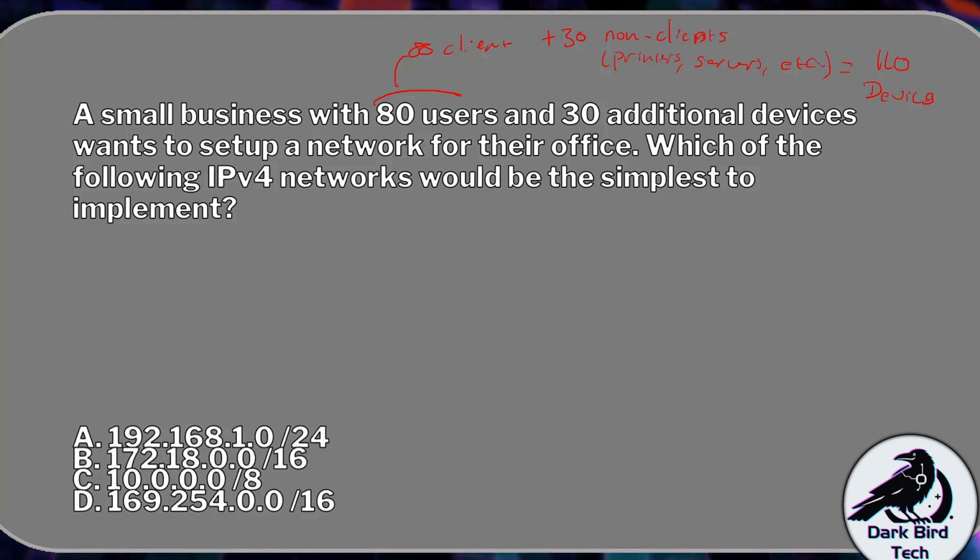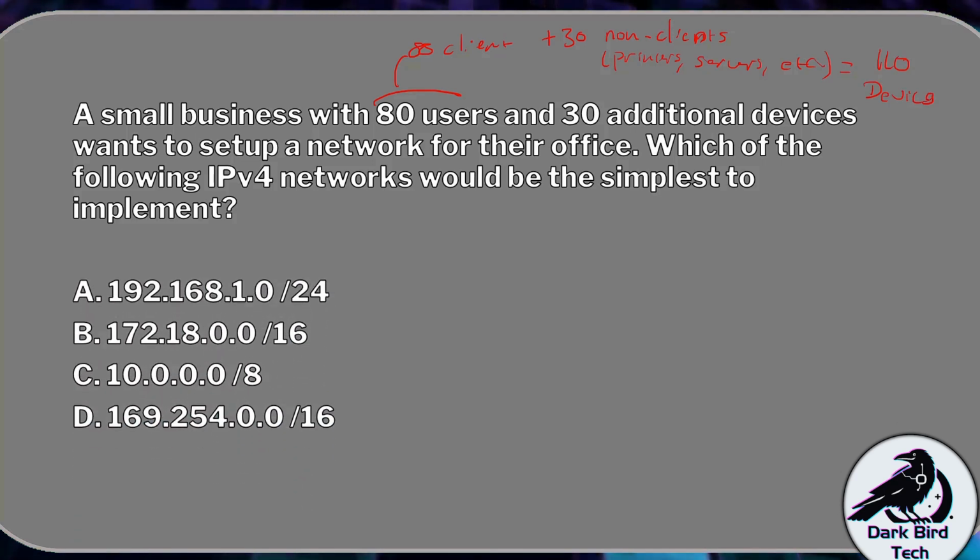So let's have a look at the networks they've got for us. 192.168.1, 172.1.8.0.0 with a 16-bit mask, the 10 network with a /8 mask, and the 169.254. No. That's not going to be an option.